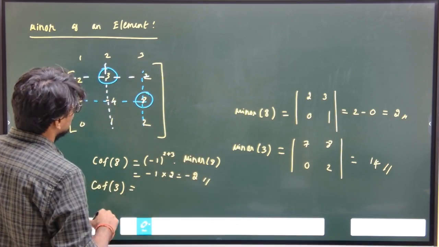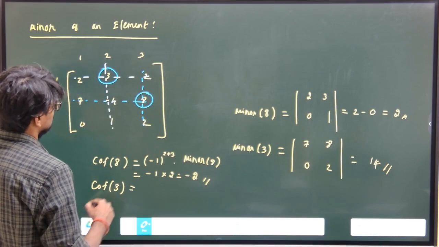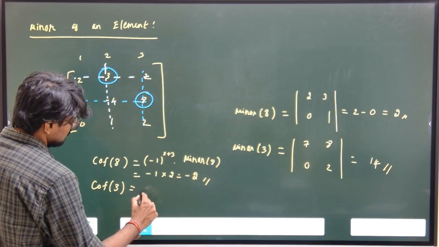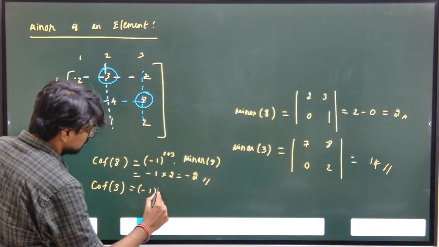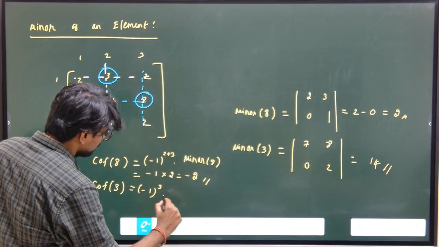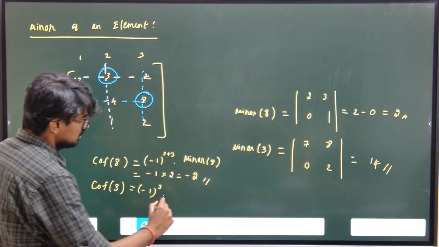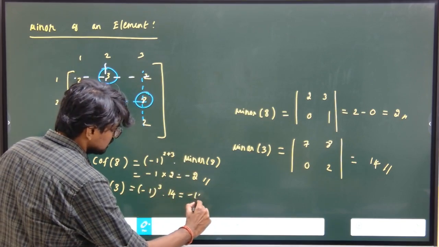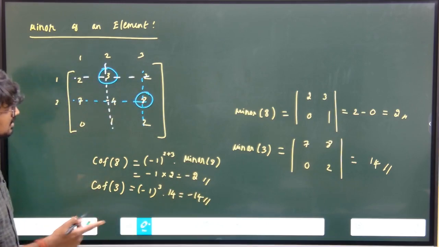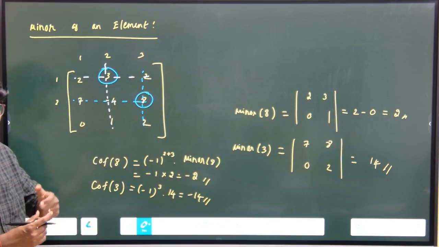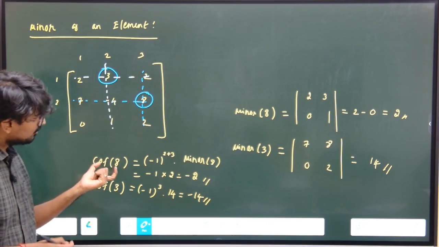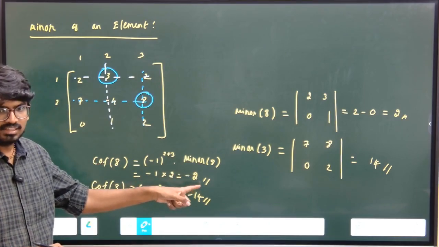Similarly, what about the cofactor of 3? (-1) to the power 1 plus 2, so (-1) to the power 3, multiplied by the minor of 3, which is 14, so it is -14. So what will happen when the summation of i plus j is odd? Then my cofactor will be the negative of my minor.